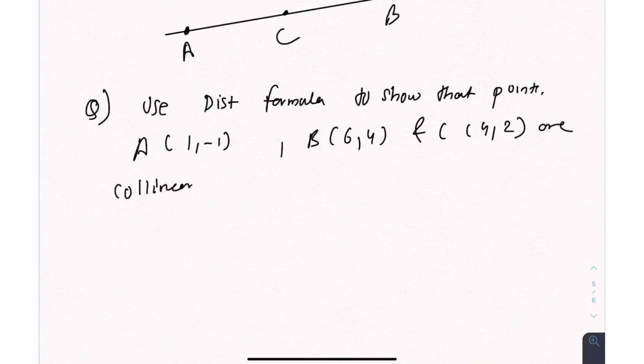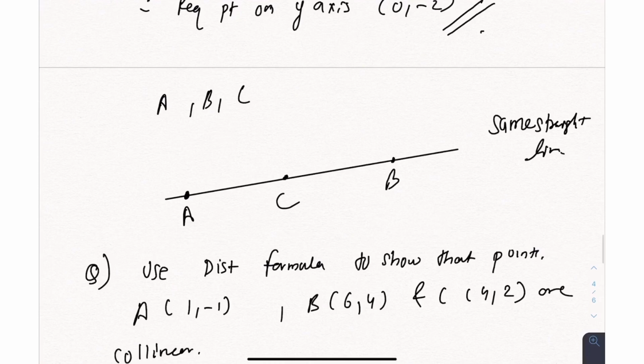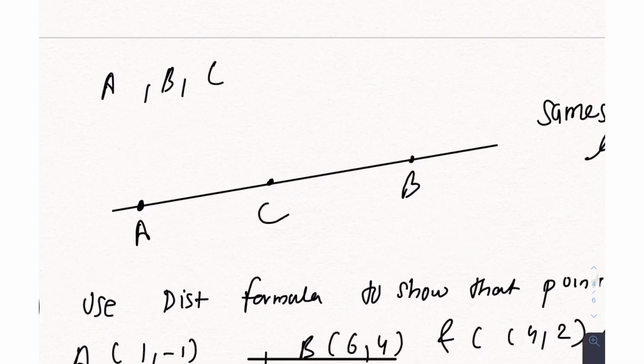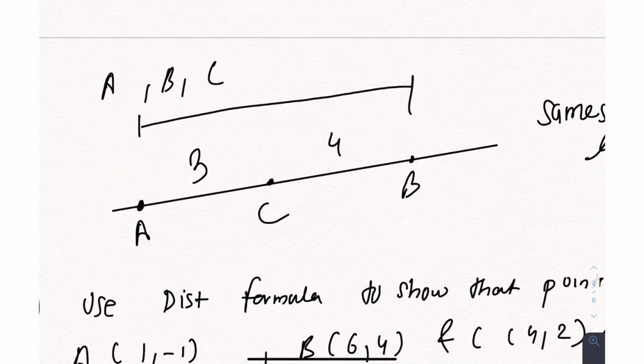So now, coming back to this theory part, suppose A, C, and B are collinear, and this is how they have arranged. First there is A, then C, then B. Now, suppose the distance between AC is 3, distance between BC is 4. Then what is the distance between AB?